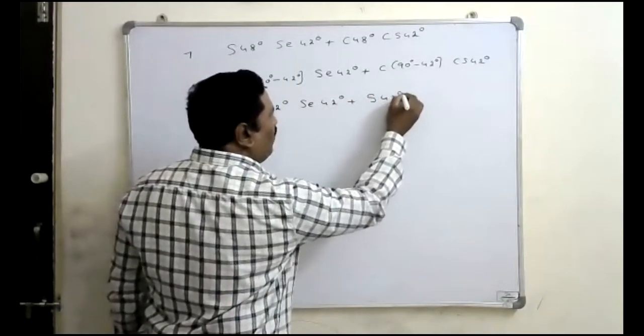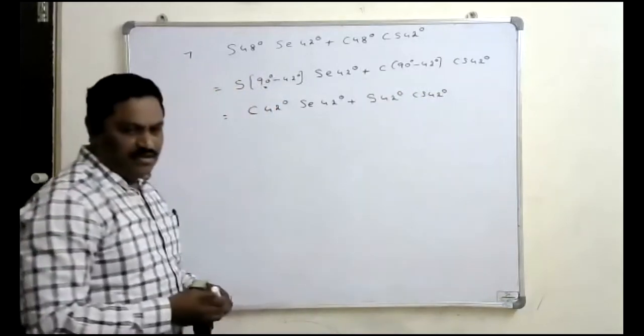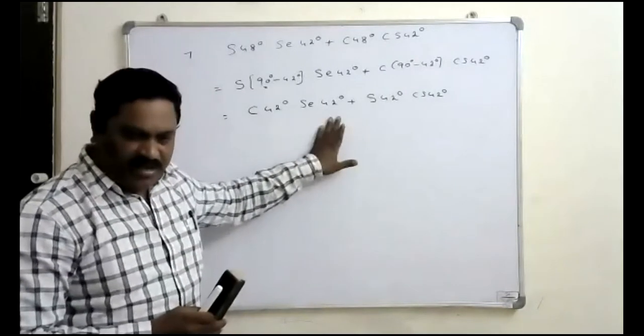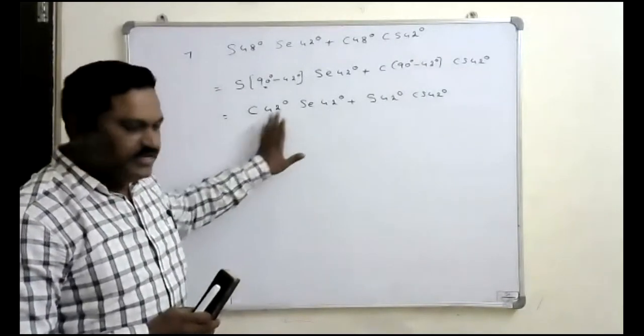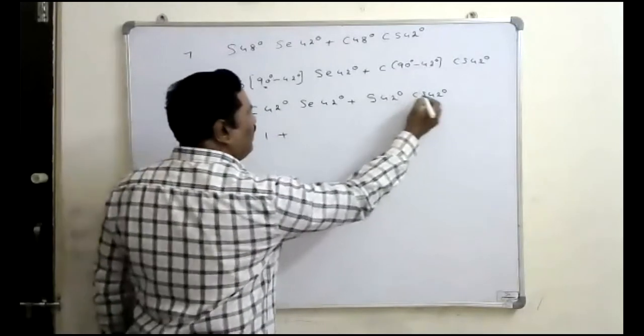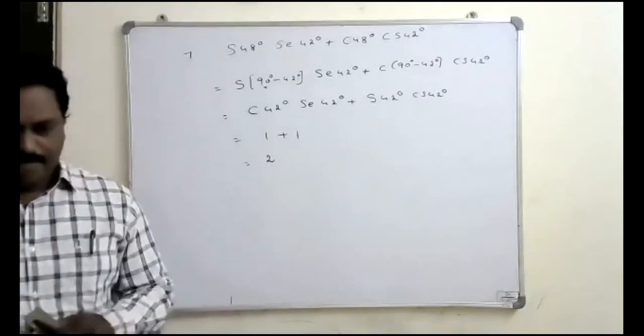It becomes sine 42 into cosecant 42. Now we know from the identity that cos theta into secant theta, since the angle is same here, is 1, plus sin theta into cosecant theta is also 1. Therefore, the answer is 2.